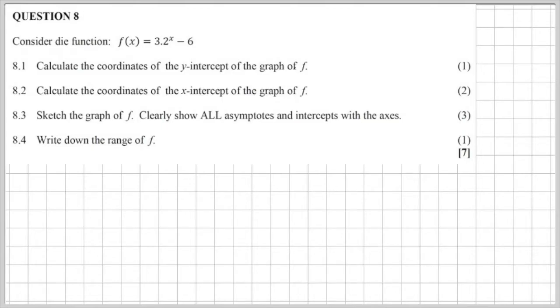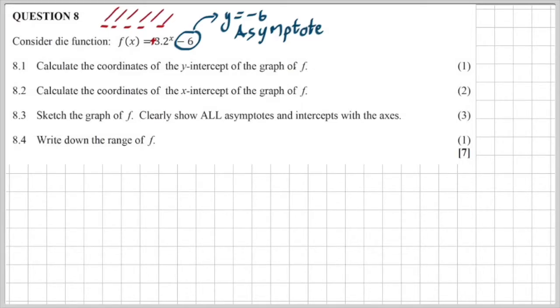But let's first analyze. First of all, -6 is the asymptote, so y equal to -6. That is my horizontal asymptote. Now, what does the 3 and the 2 tell me? It has to do with the form of the graph. The 3 is positive, therefore my function is going to be above my asymptote. The 2 is greater than 1, therefore it's going to diverge.